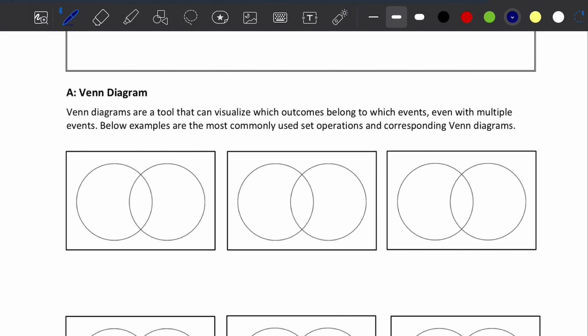If you look at this screen right now, I have these empty templates of the Venn diagram.